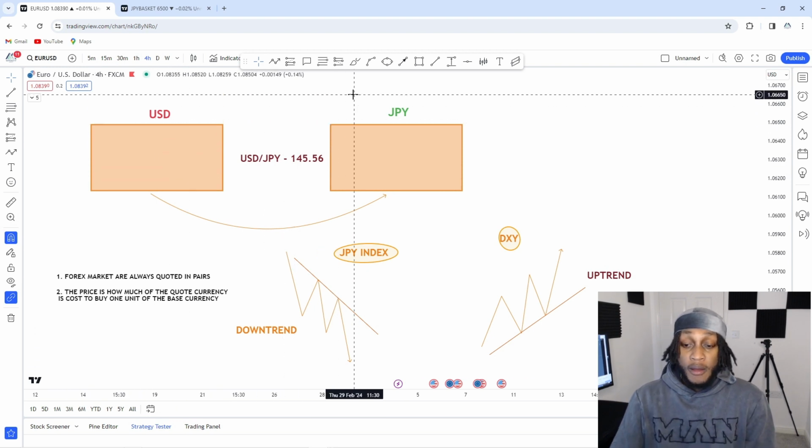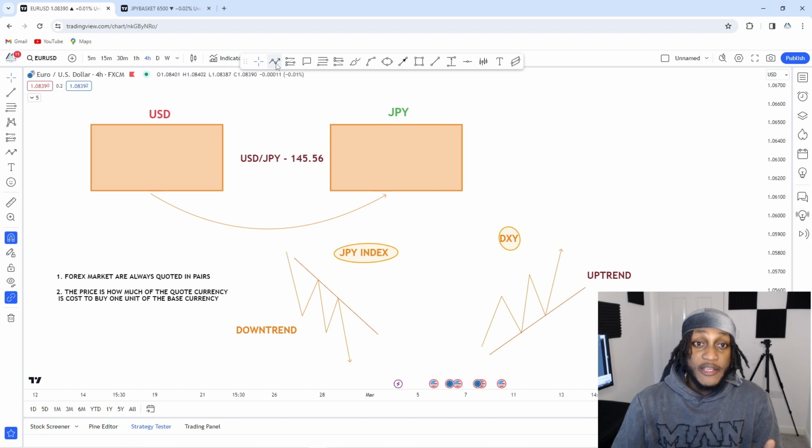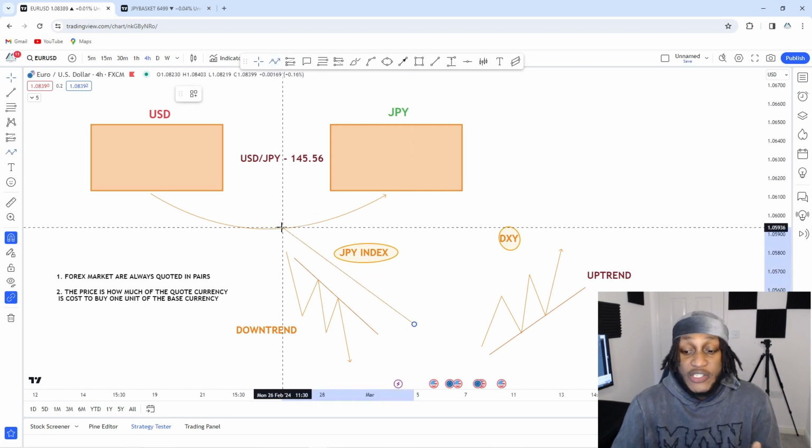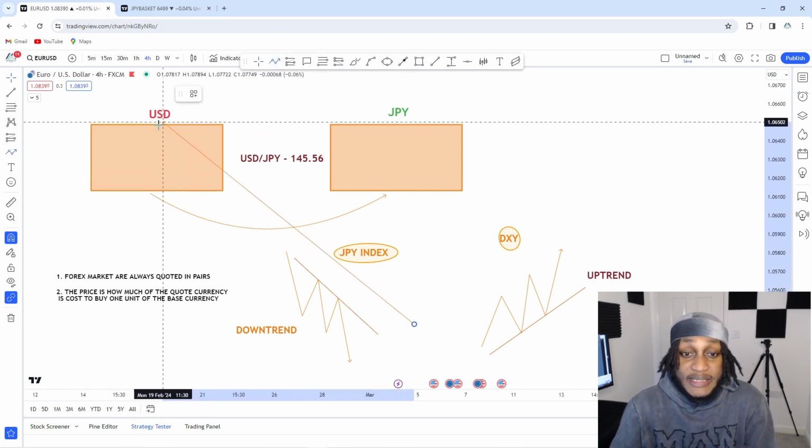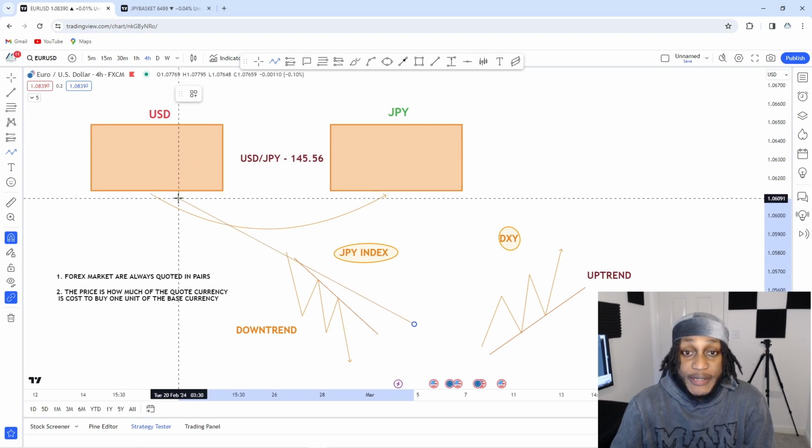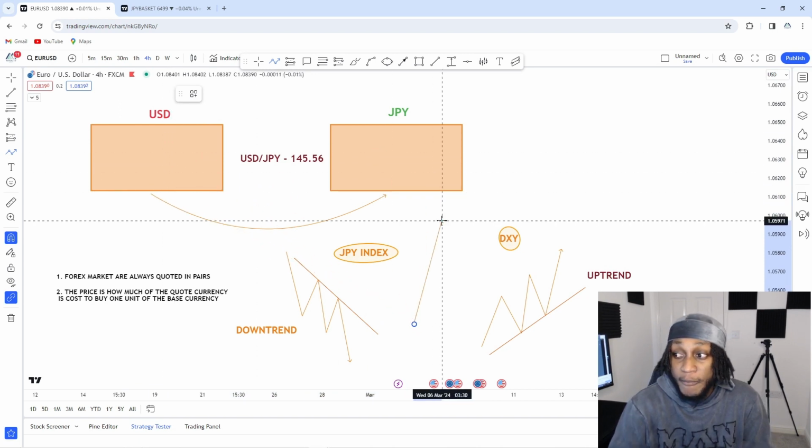When you're looking at a pair like USD JPY, our base currency is the USD, because the US dollar is trading against the JPY. The base currency is the currency you're buying when you trade the forex pair, and the quote currency is the currency you're selling.